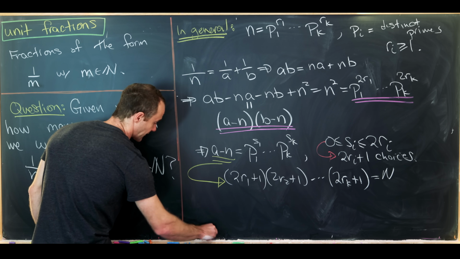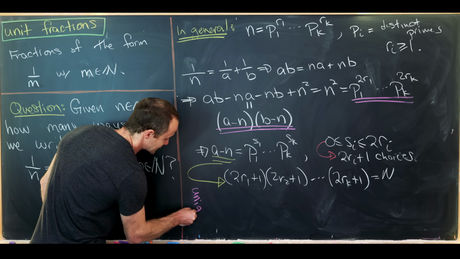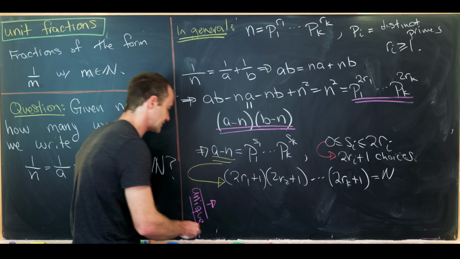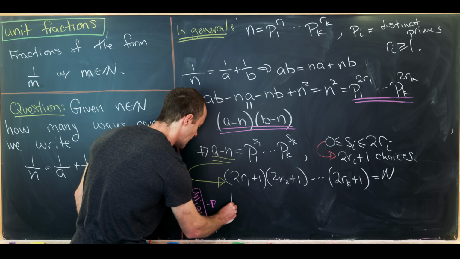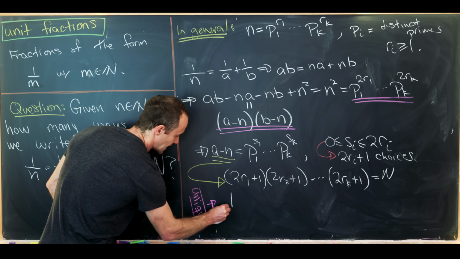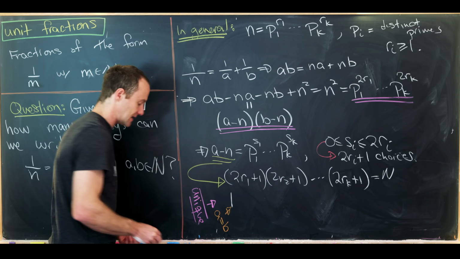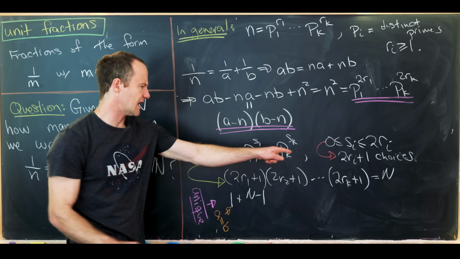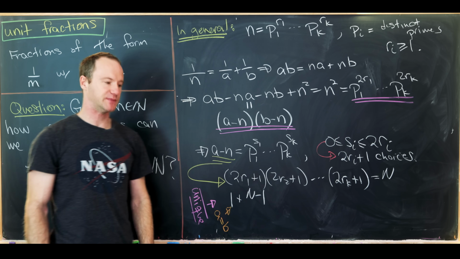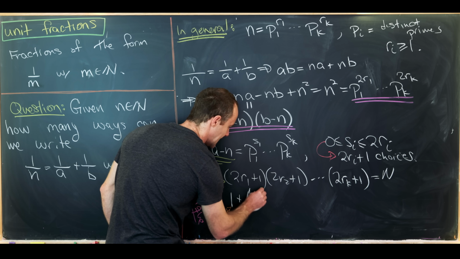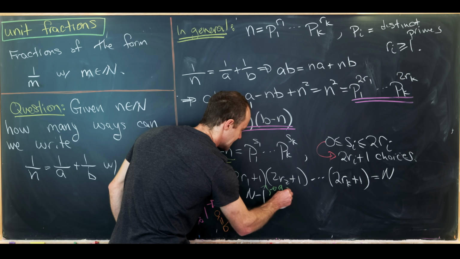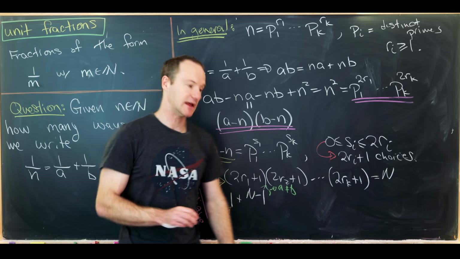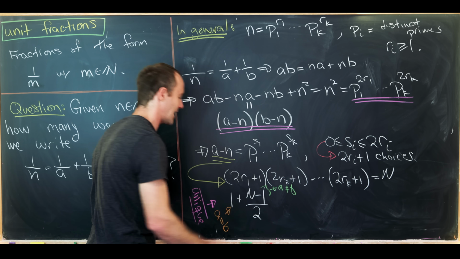So now let's look for our unique choices just as we finished off that last example. So for our unique choices, we have the number 1. So there's one unique choice based off the choice when A is equal to B. And then after that, we'll have n minus 1, where n is equal to this number right here, this big product. And this n minus 1 is based off the case when A is not equal to B. But then by the symmetry of A and B in our decomposition, we have to divide that by 2.